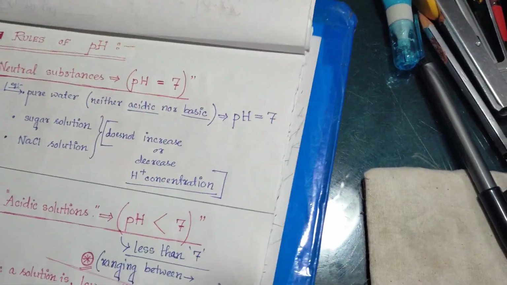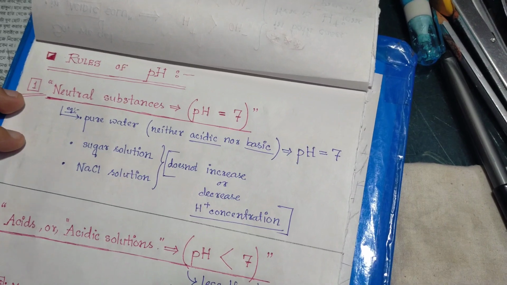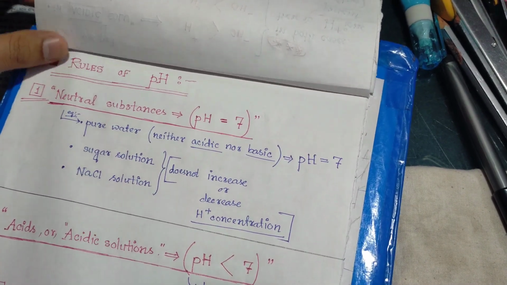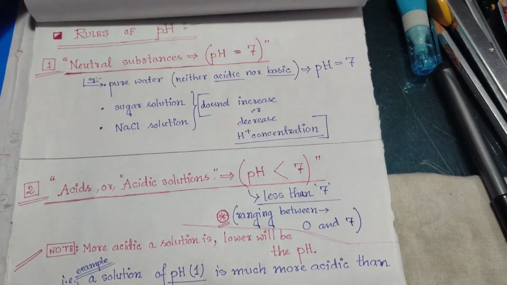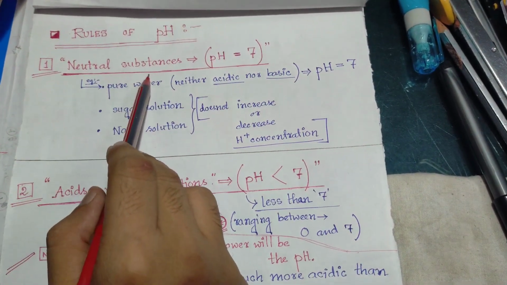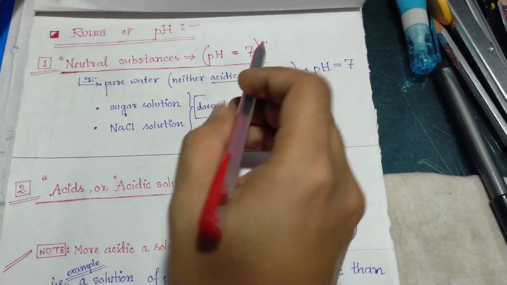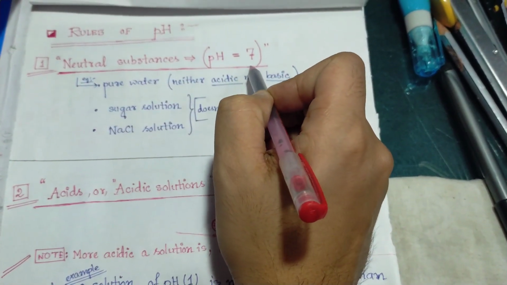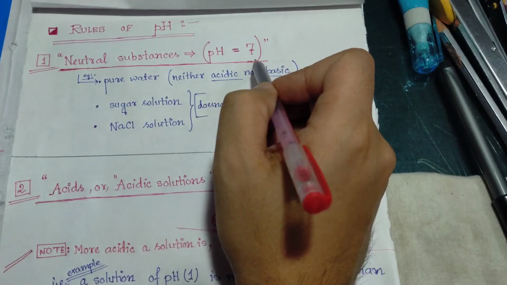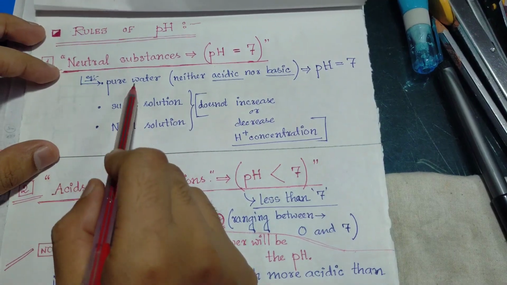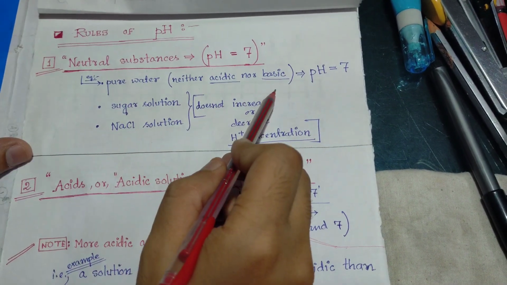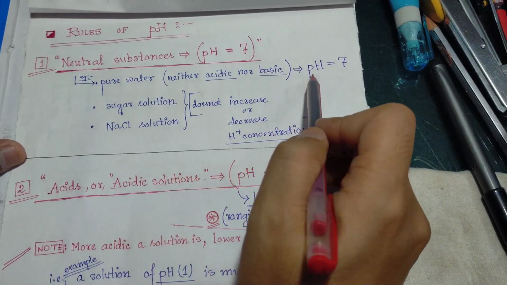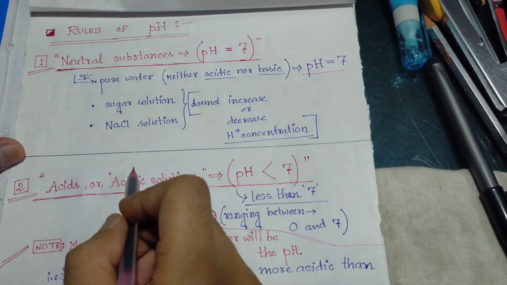Now we have some basic rules of pH. So what are the basic rules of pH? For neutral substances, the pH is equal to 7. For example, pure water, which is neither acidic nor basic, has a pH value equal to 7.